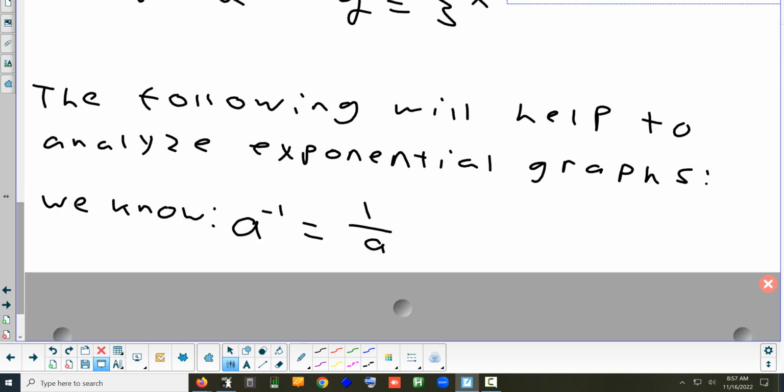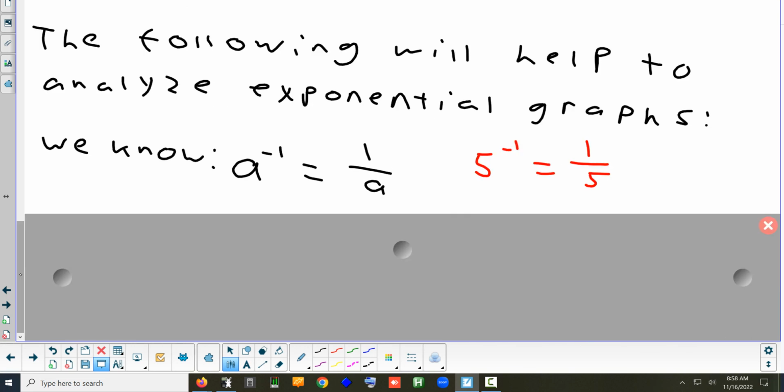Okay, so if we're given something that has a negative exponent, in general, we don't want to deal with negative exponents. We want to get rid of them. Anytime you have something to the -1 power, -1 basically just means to flip it. So 5 to the -1 is 1 over 5. 5 to the negative 2 would be 1 over 5 squared.